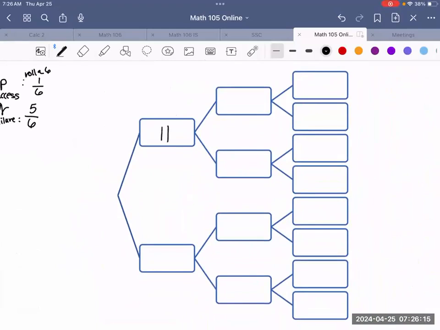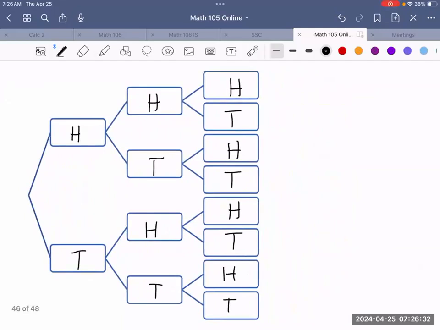So we have heads, tails, heads, heads, tails. Okay. And your sample space.